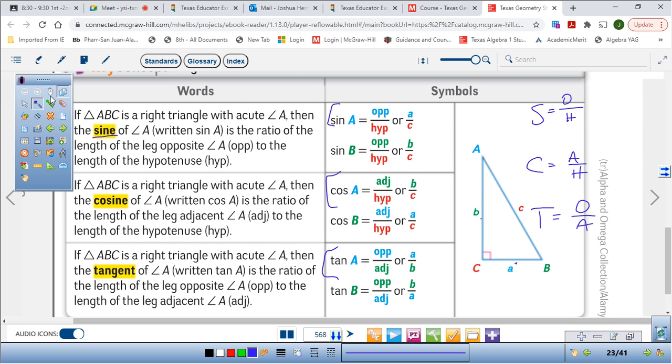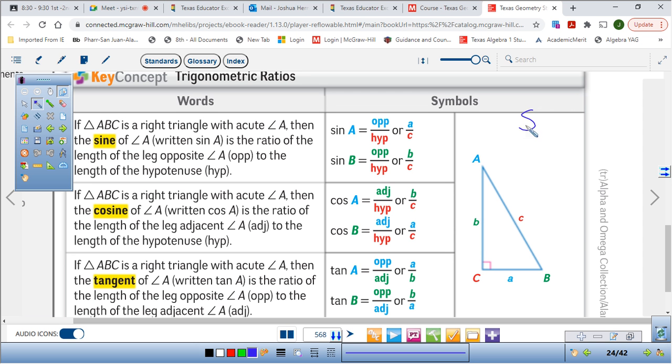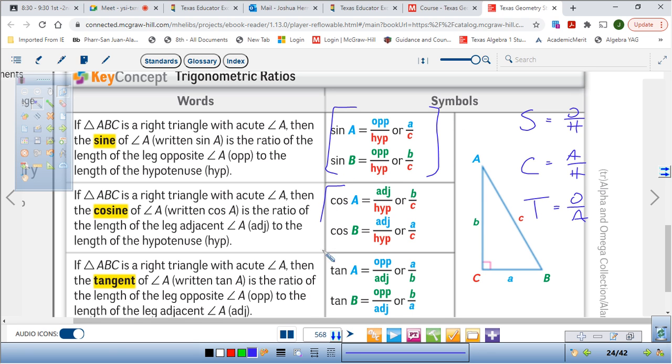So here are trigonometric ratios. I go again: SOH CAH TOA. I would say write this down here. Really, all you need is the A part.